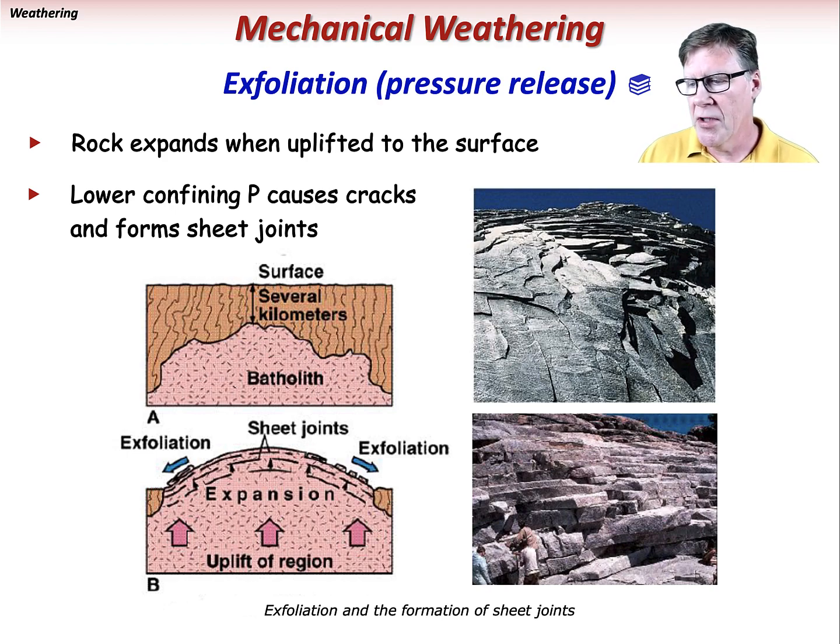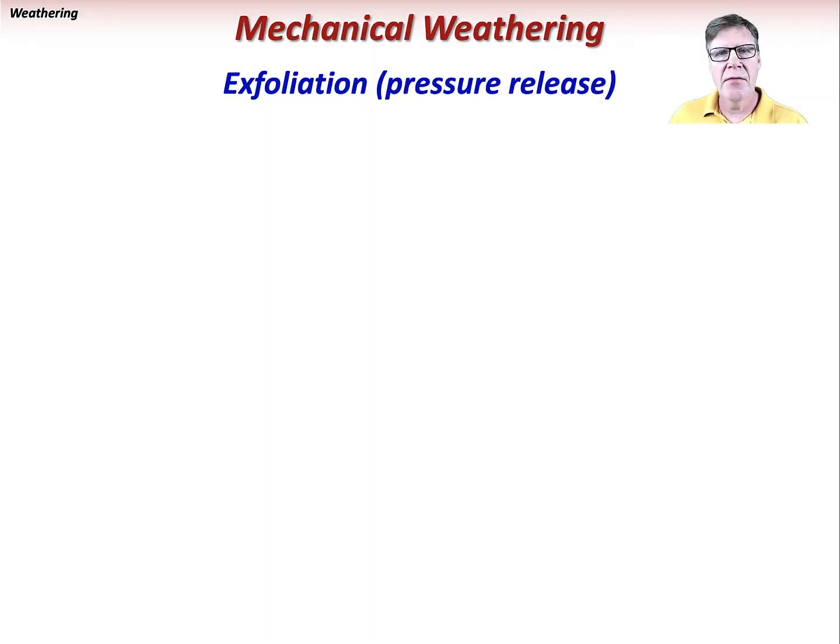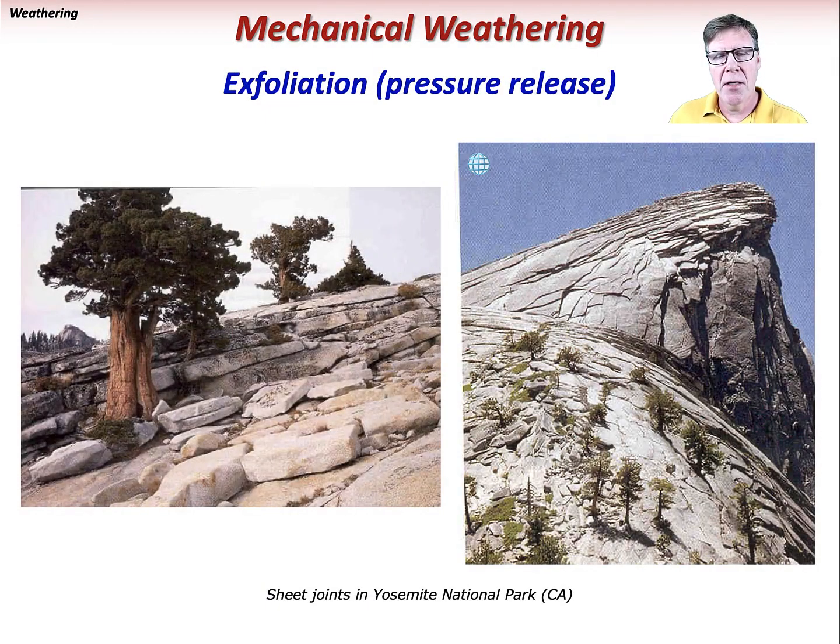Frost wedging and thermal expansion and contraction subsequently add to the weathering effect. Areas of exposed granitic batholiths commonly show signs of exfoliation. Sheet jointing is pervasive in rocks of Yosemite National Park, including at Half Dome.